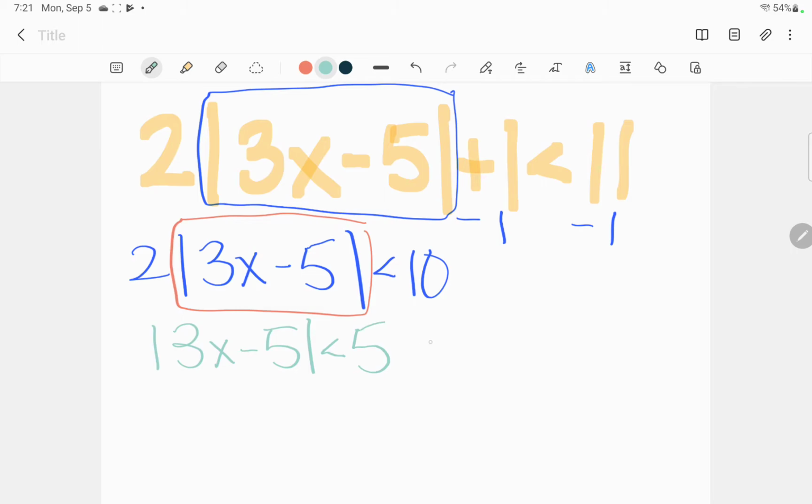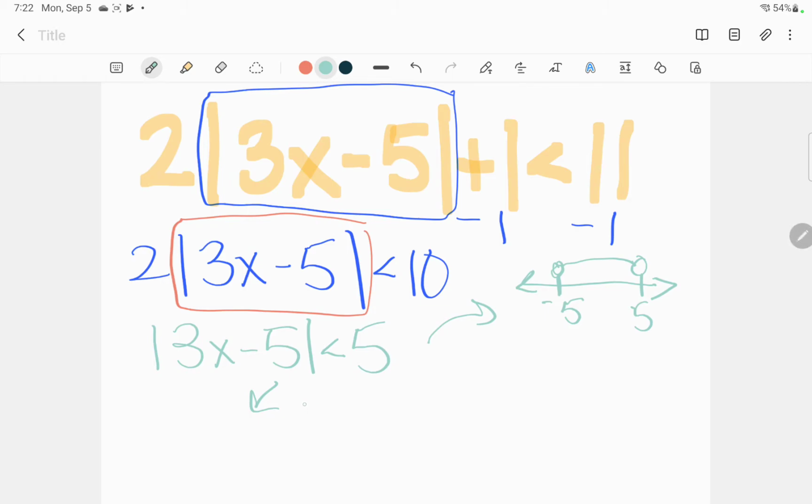And then I can go ahead and write my two inequalities. So if the absolute value is less than 5, that means that on the number line, I'm going to be sandwiched in between -5 and +5, because any values between -5 and +5 are going to have an absolute value that is less than +5.